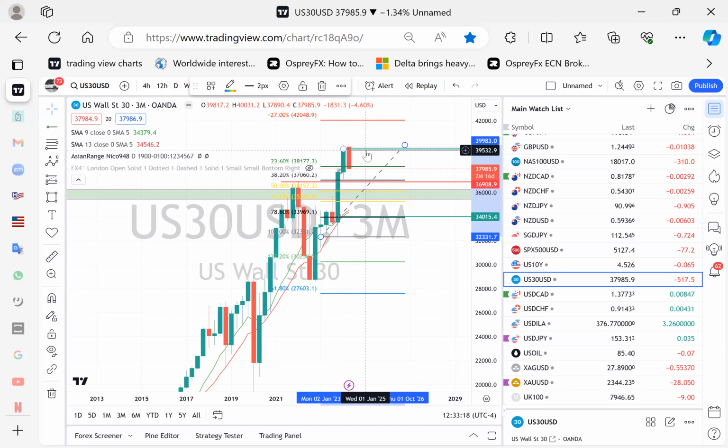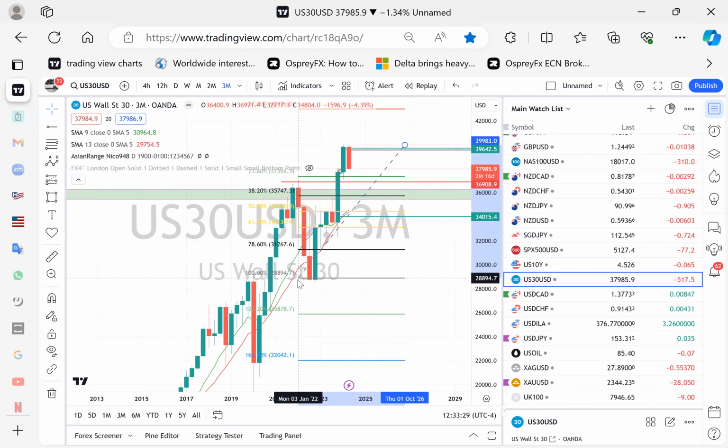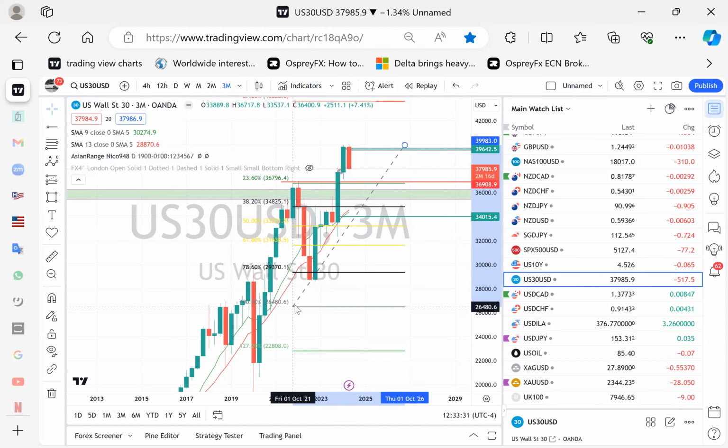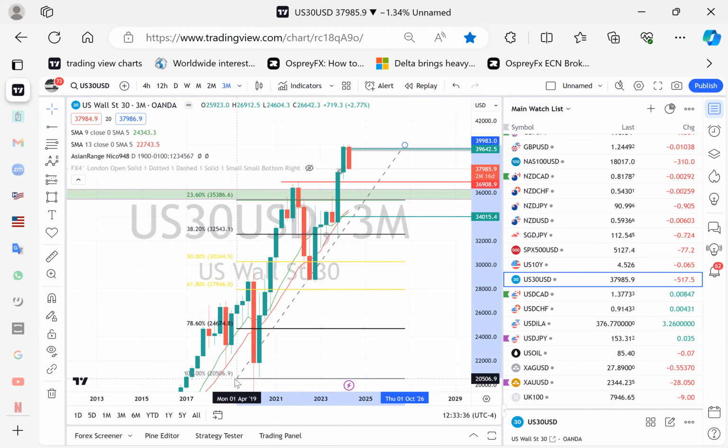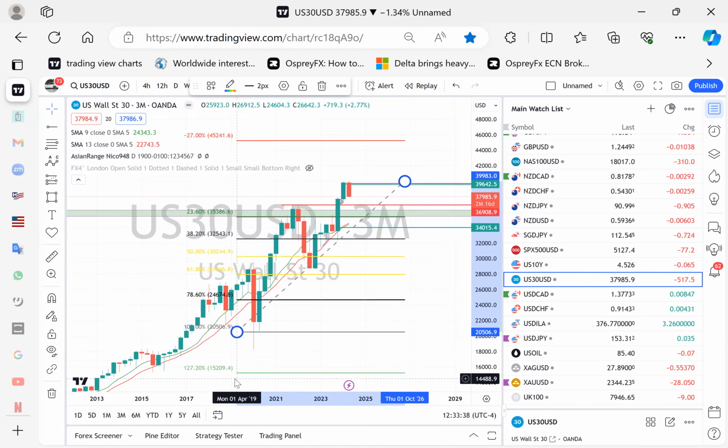Hey, real quick, push your fib on the bottom, on the previous swing low, and fib to that swing high. No, the previous swing low. All the way down to that one.